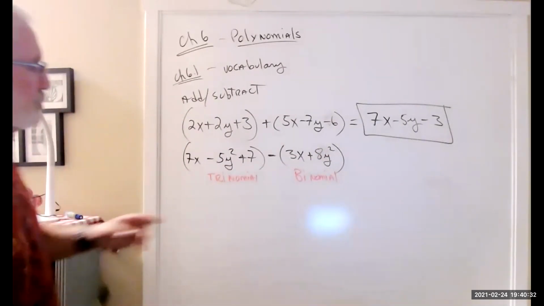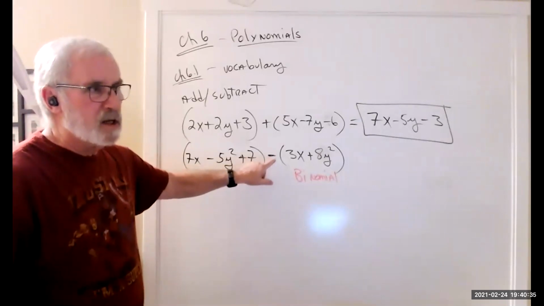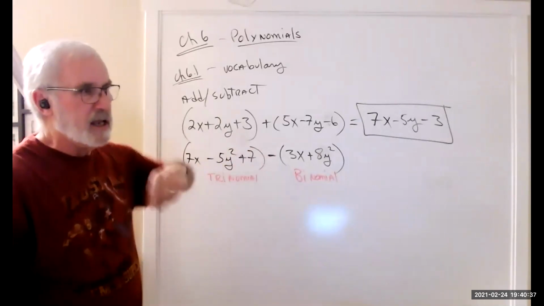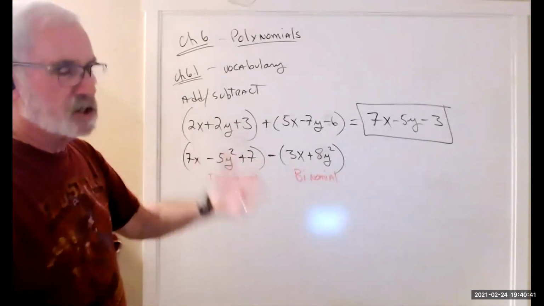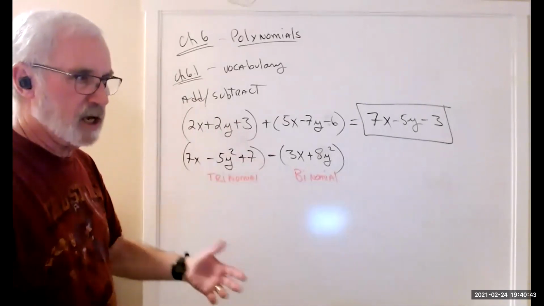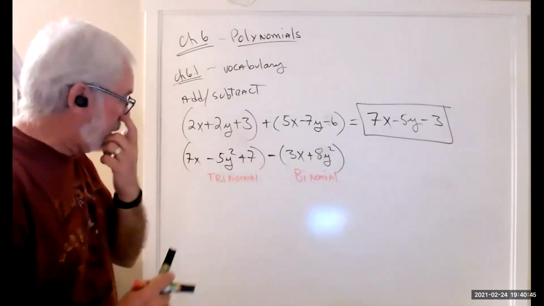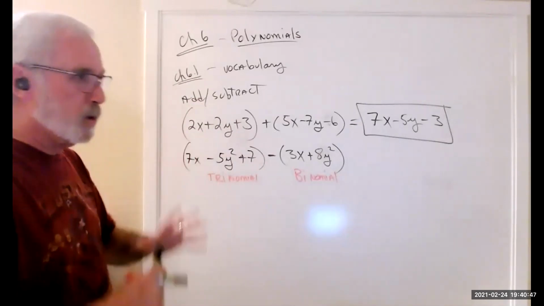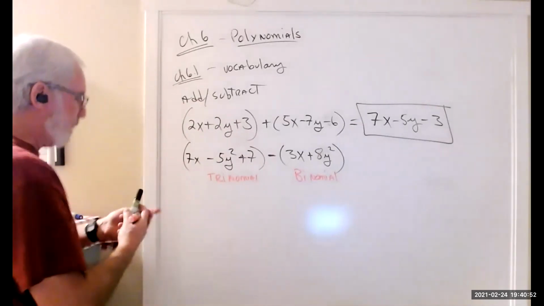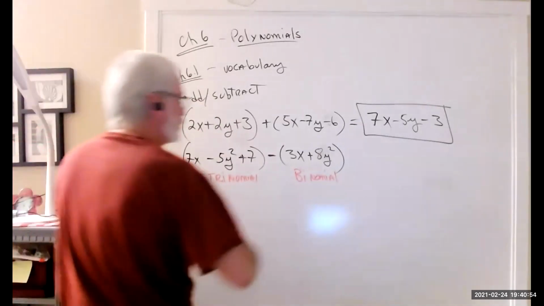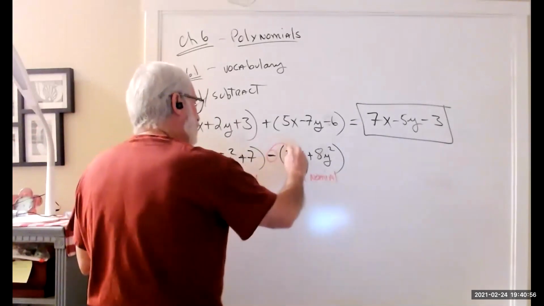This one, subtraction, is really, really tricky. Okay, it adds an extra step. Some of you can do this in your head. Some of you can't. Whichever way you do it, as long as you get the right answer, I don't really care. What happens is this subtraction symbol actually distributes in.